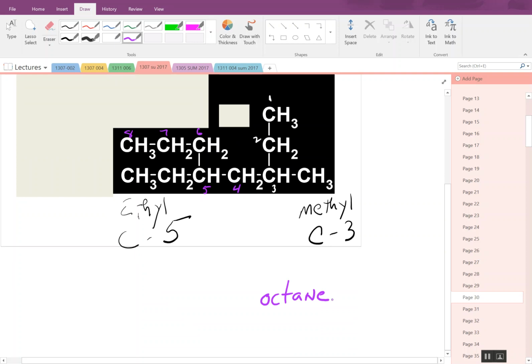We have a methyl on carbon number 3 and ethyl on carbon number 5. Now remember that rule number 4 said alphabetize the groups. So ethyl comes before methyl. So we're going to have out here a 5-ethyl-3-methyl octane.